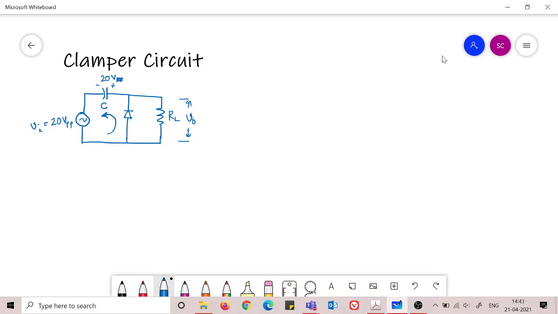However, what happens to the output voltage? This output voltage will be exactly equal to Vi plus this 20 volt. That means the output voltage will have a bias of plus 20 volt. So if this is 20 volts input, the output will have a bias of plus 20 volt added to this input signal.